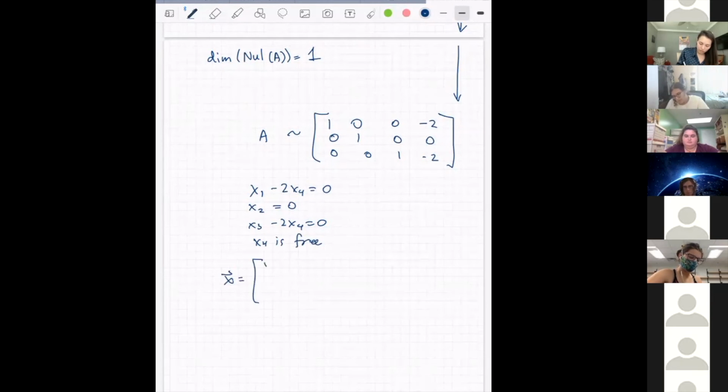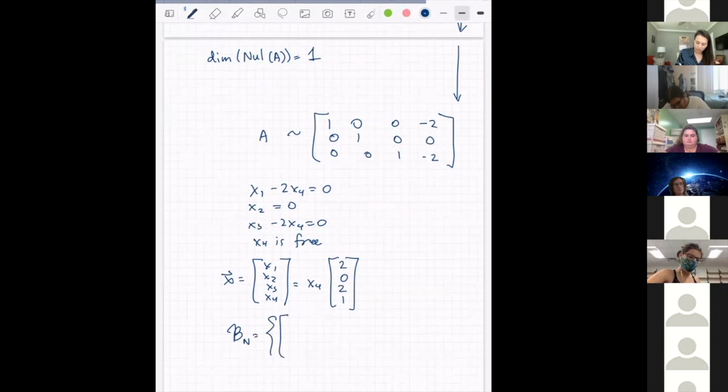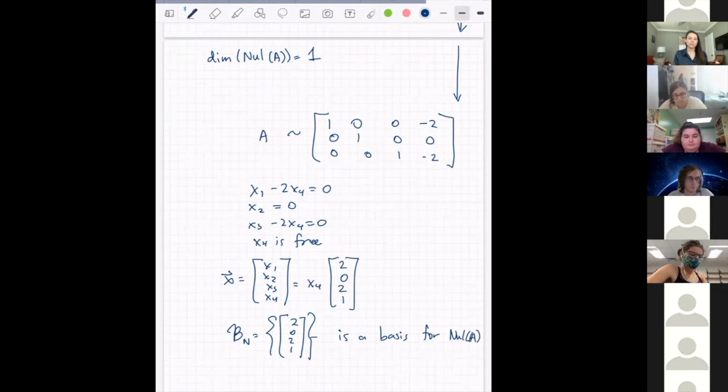So our solution is the vector x4 times 2, 0, 2, 1. So our basis for the null space is just this one vector, 2, 0, 2, 1. Null space of A. Yeah.